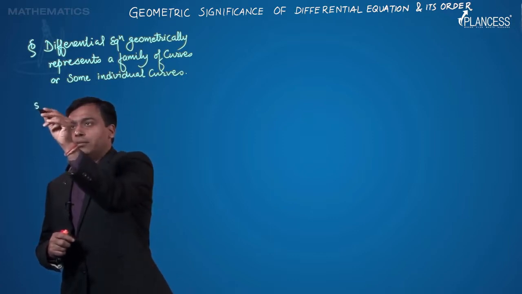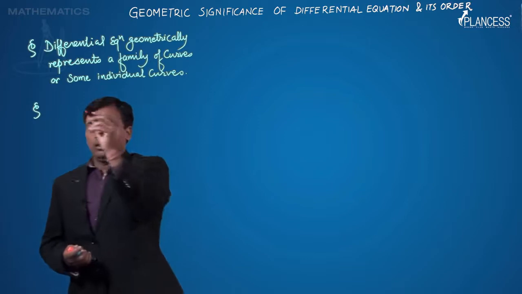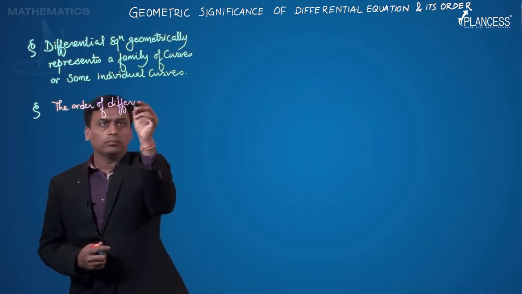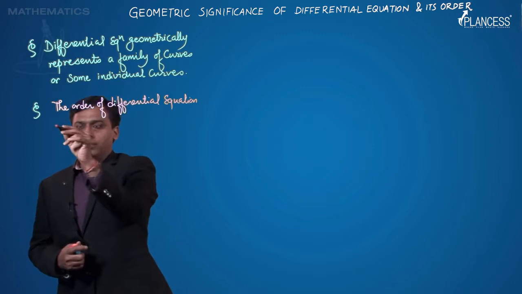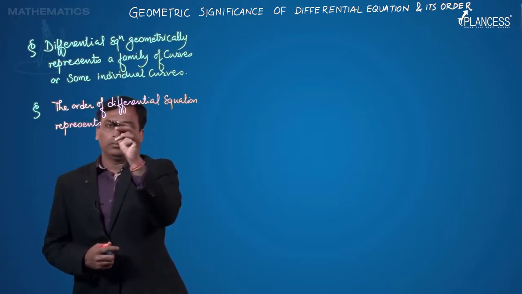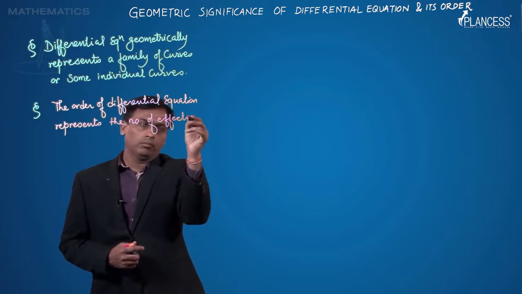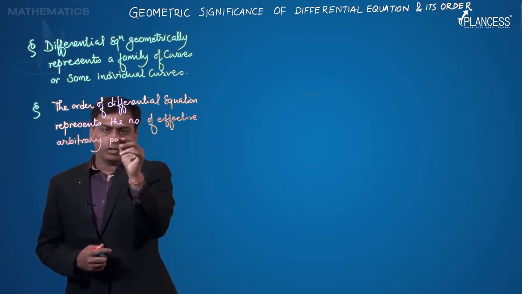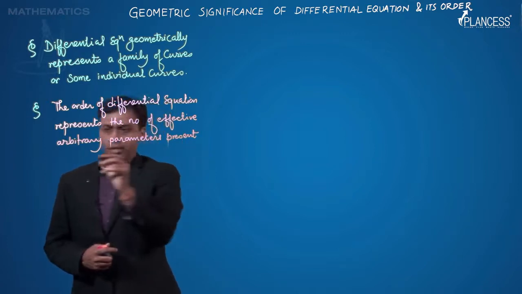And second, while working out the formation of differential equations, we have concluded so far that the order of a differential equation represents the number of effective arbitrary parameters present in the equation.